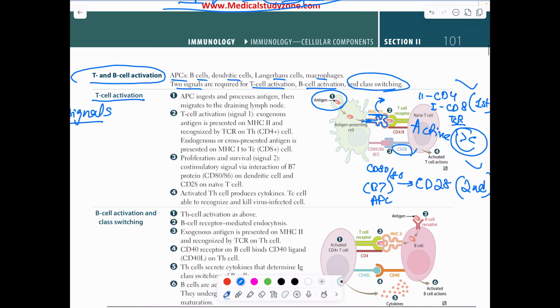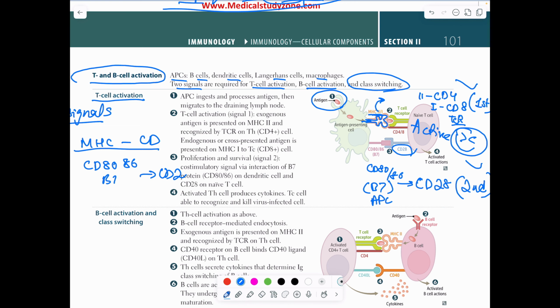For activation of the T cell, we need two signals. One is between MHC and CD markers. Second is between CD80, 86 or B7 with CD28. The CD28 is present on the T cell, and CD4 and 8 are also present on the T cell.